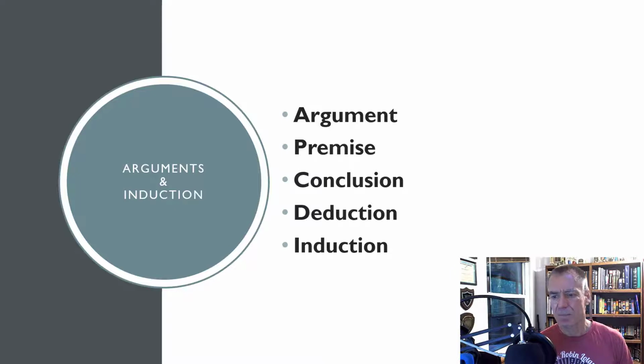An inductive argument is an argument that has premises and a conclusion, being an argument, but its feature is this. The premises provide, or are supposed to provide, some degree of support for the conclusion, and this degree of support is less than complete. So, if the premises of an inductive argument support the conclusion adequately or better, it's called a strong argument.